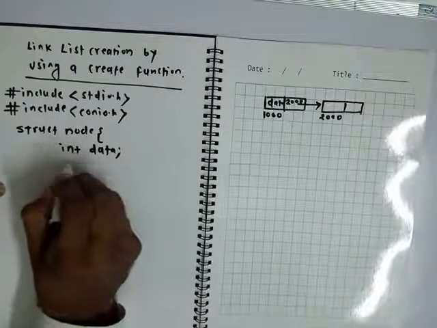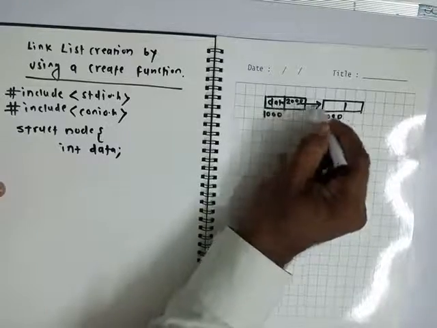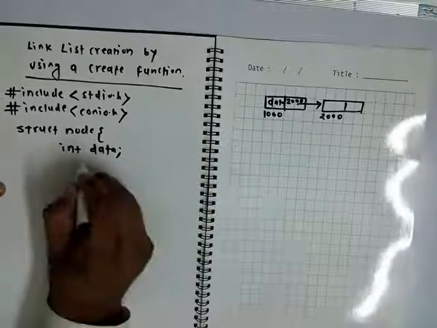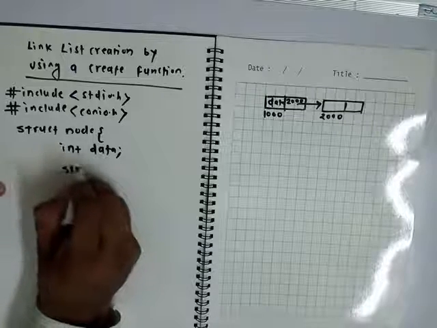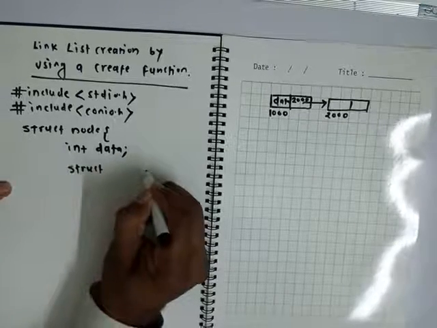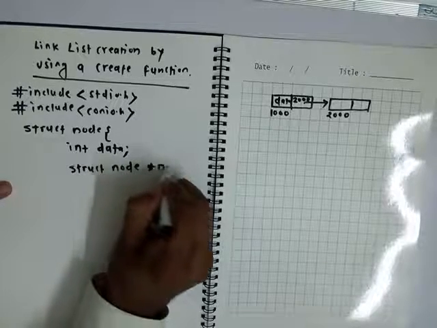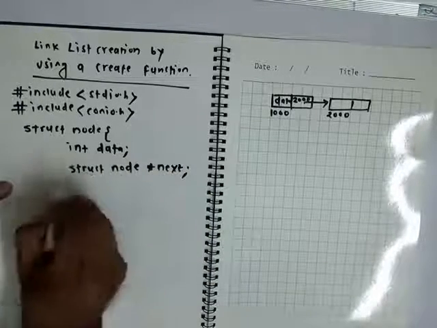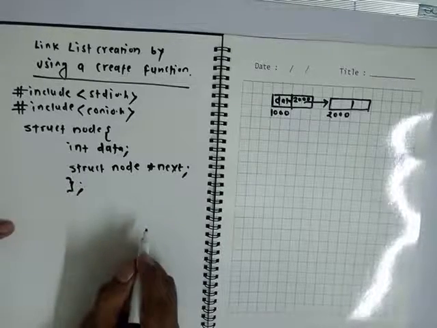Then the next pointer, which will point to the structure node type data again. So the type of the pointer is struct node type pointer. Let's call it next pointer because it's going to point to the next node in the linked list. So that's the structure which we'll be needing.